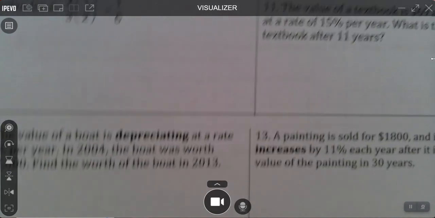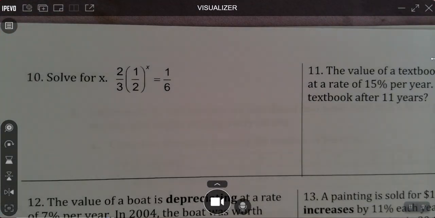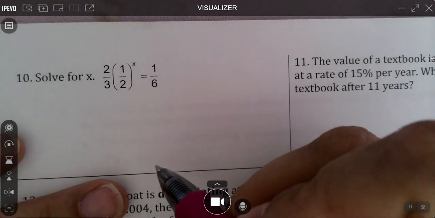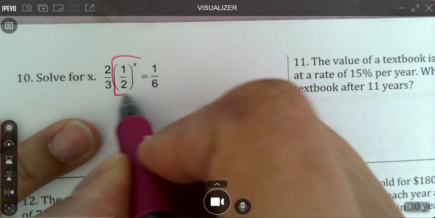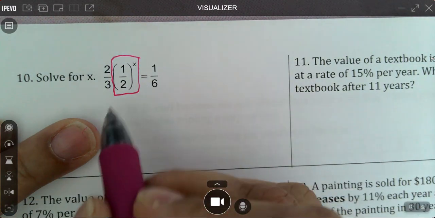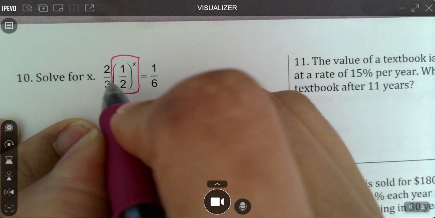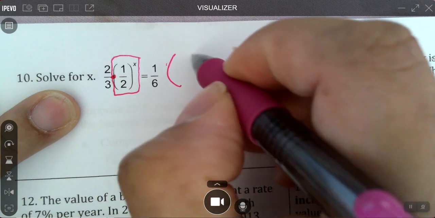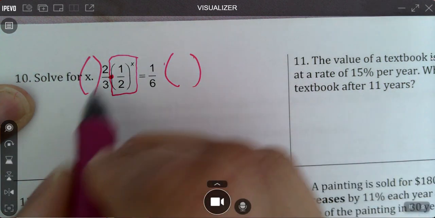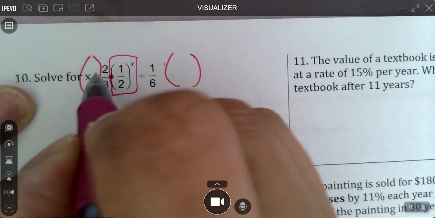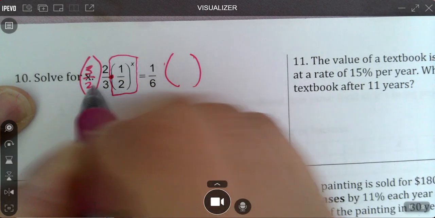All right. Basic math when it comes to this. I want to isolate this. So that means I have to get rid of this 2 over 3. So do y'all know that we can multiply by the reciprocal? Yes? Since this is 2 over 3, we're going to multiply both sides by 3 over 2.